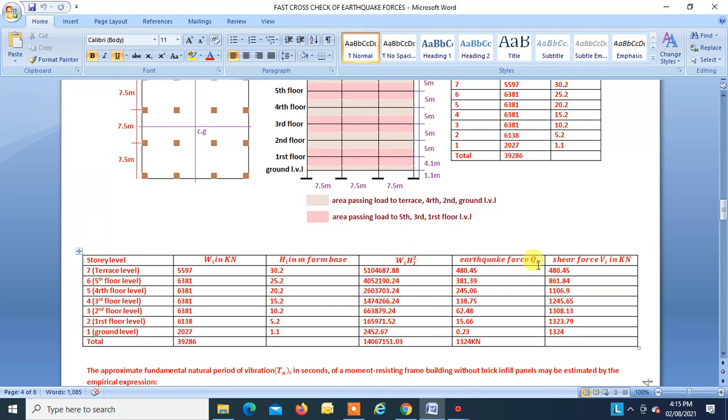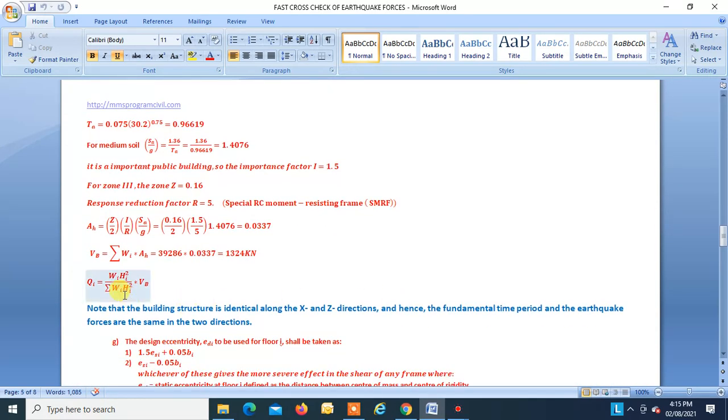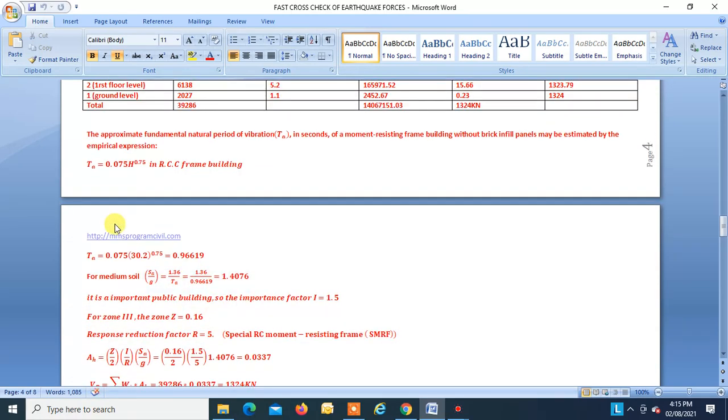Okay, now we want to find the earthquake forces Qi, right? So this is the formula for finding Qi: Wi hi square divided by the sum of Wi by hi square, into Vb. Vb is the base shear. So let us find the base shear first.